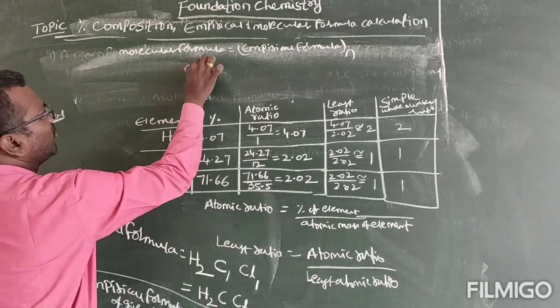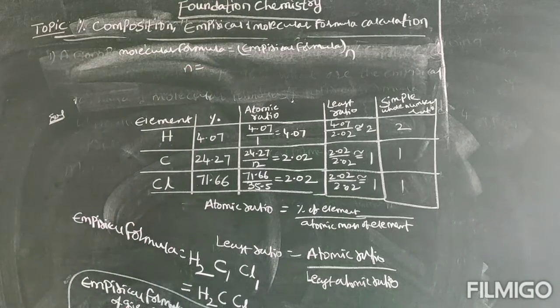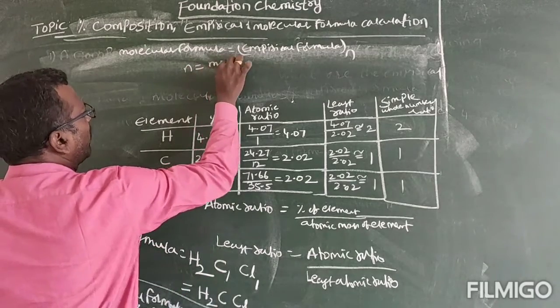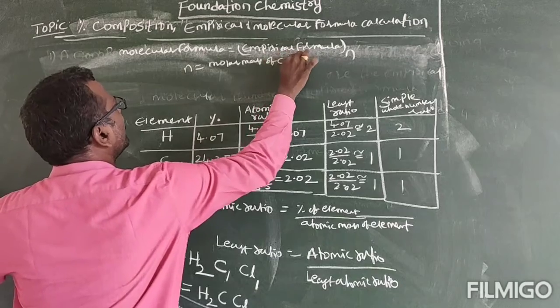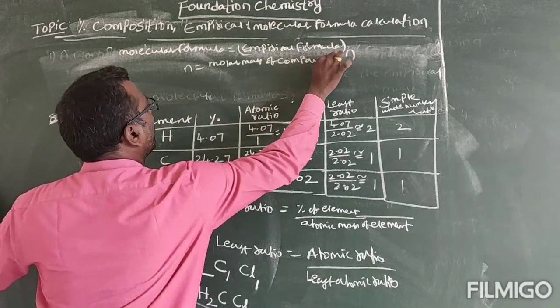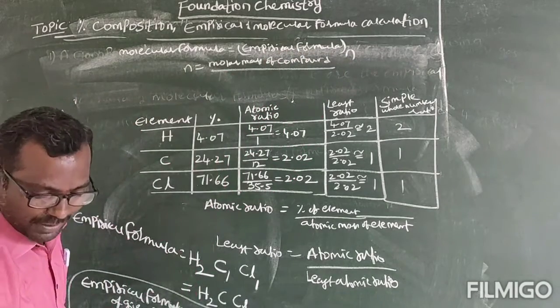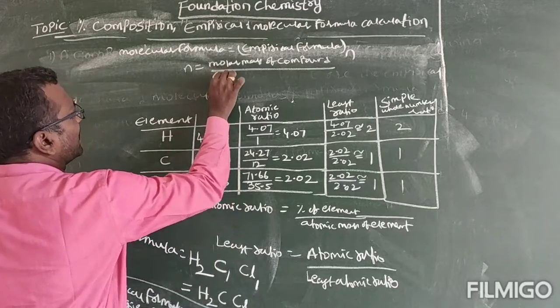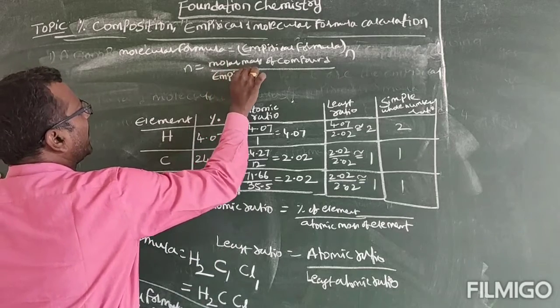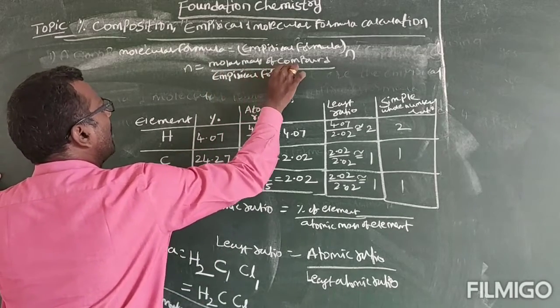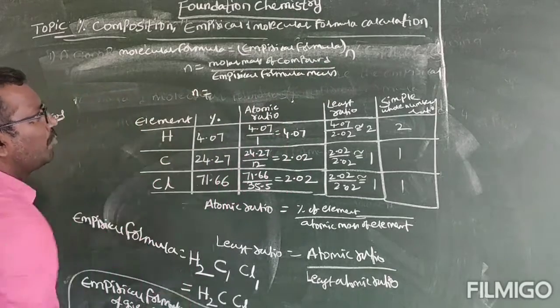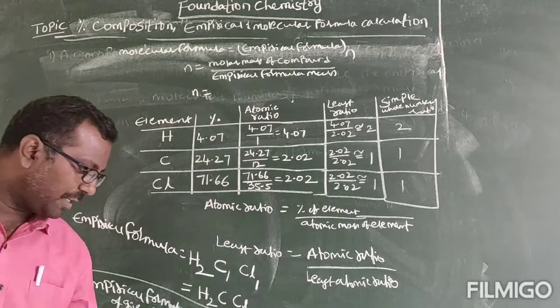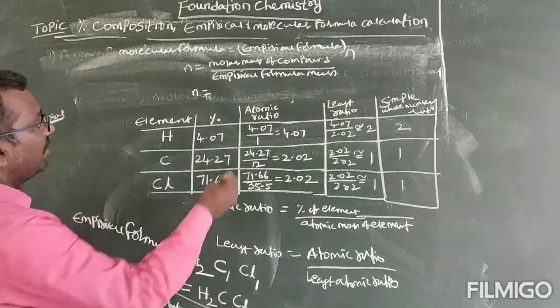So N equal to what? Molecular weight or molar mass of compound by empirical formula mass. So N equal to molar mass of the compound is given for us. How much it is?